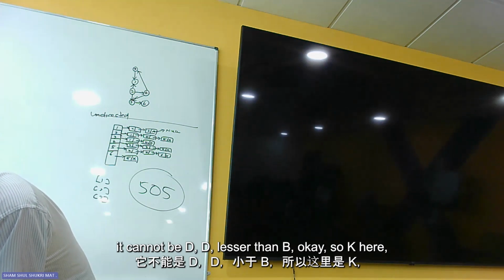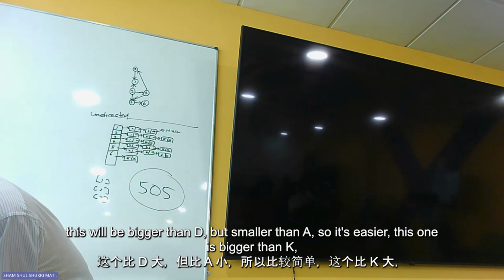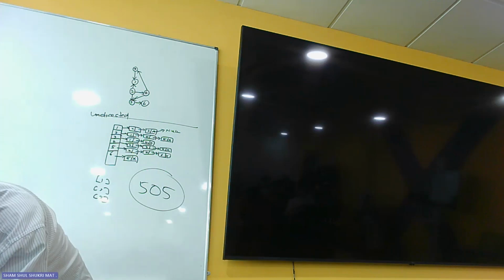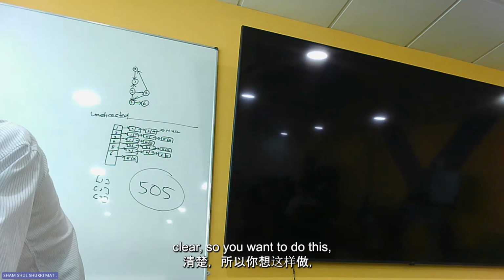So K here means bigger than D but smaller than K. So this one is here. This one is bigger than K. Clear? So you must do this.